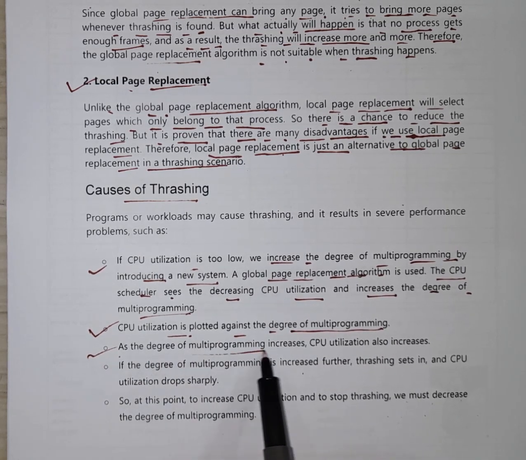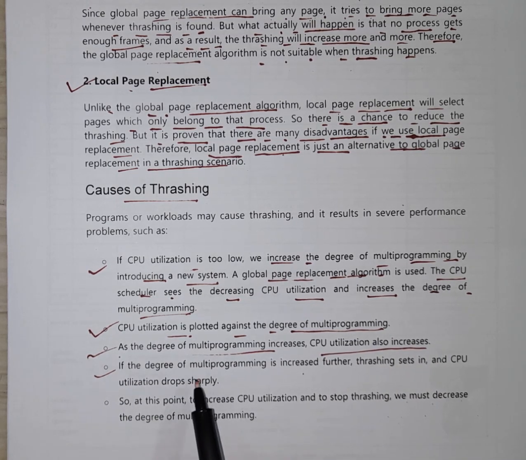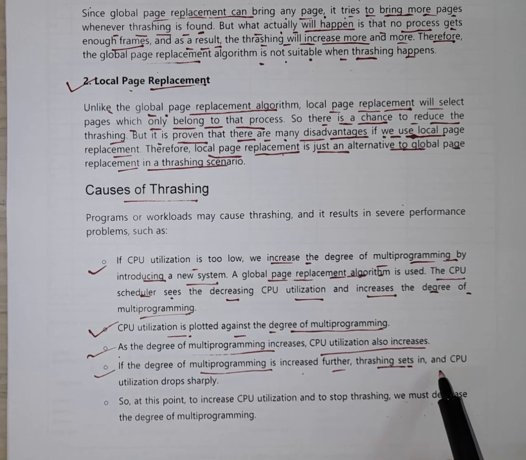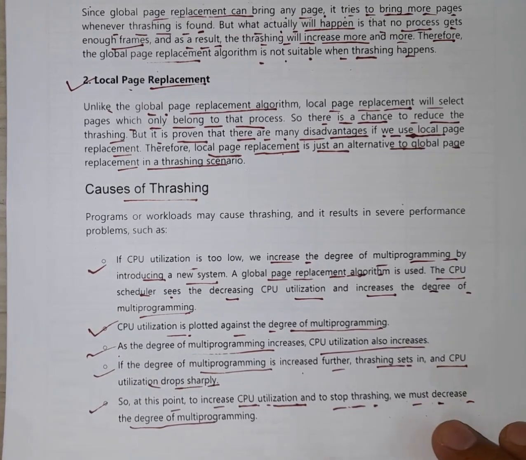As the degree of multiprogramming increases, CPU utilization also increases. If the degree of multiprogramming is increased further, thrashing sets in and CPU utilization drops sharply. So at this point, to increase the CPU utilization and to stop thrashing, we must decrease the degree of multiprogramming.